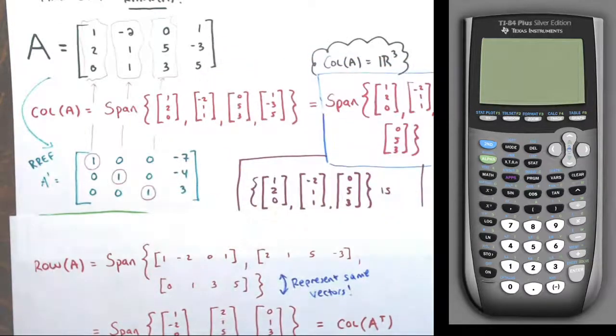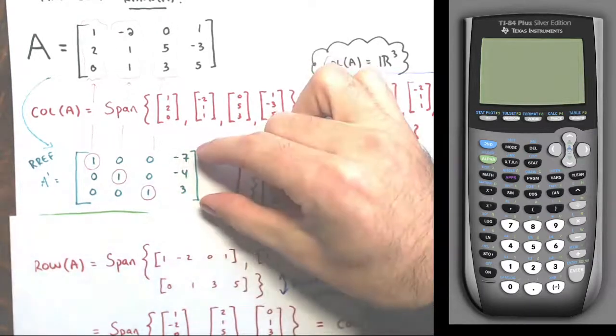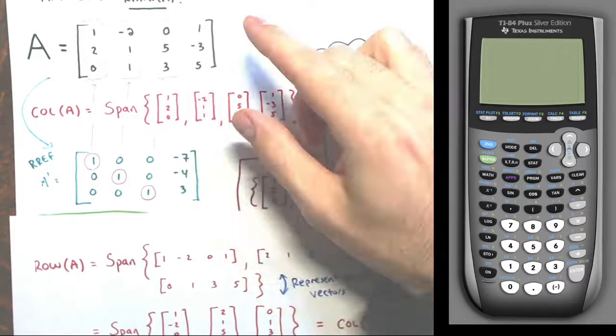The new rows that you create are just linear combinations of the rows that you started with. So all of these rows are in the row space.